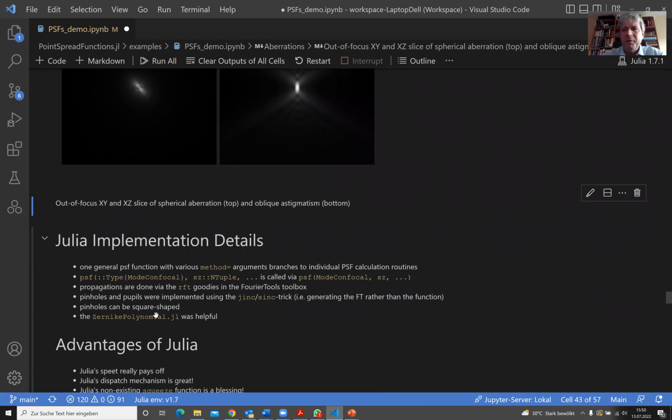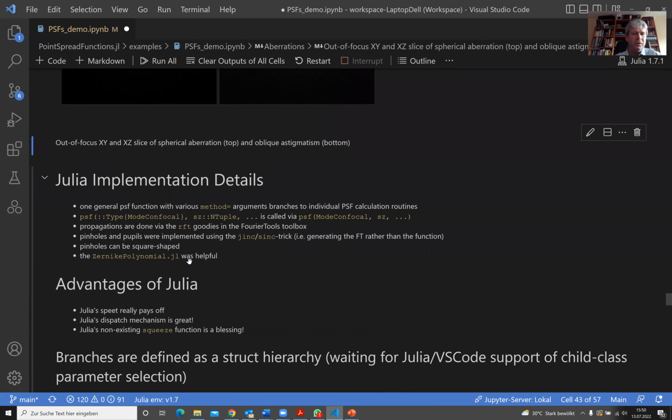So as for the implementation detail, when we come to Julia, you can see that there was the advantage of using this method argument that was making use of the dispatch mechanisms of Julia. So that's very useful for programming, because every point spread function calculation routine actually has its own routine, but it automatically branches into that routine via this method argument, being one global routine dispatched onto these individual routines like you see here.